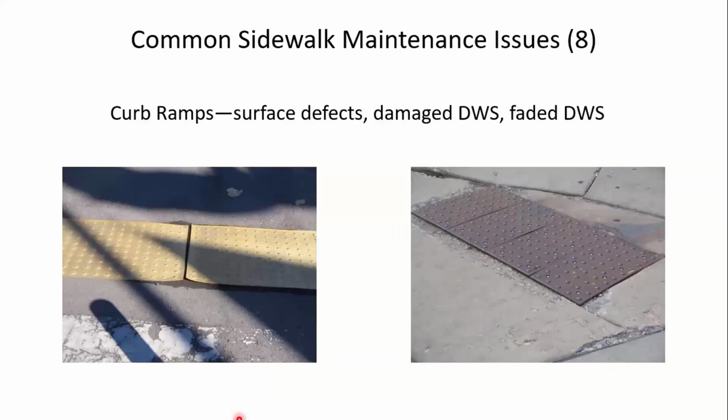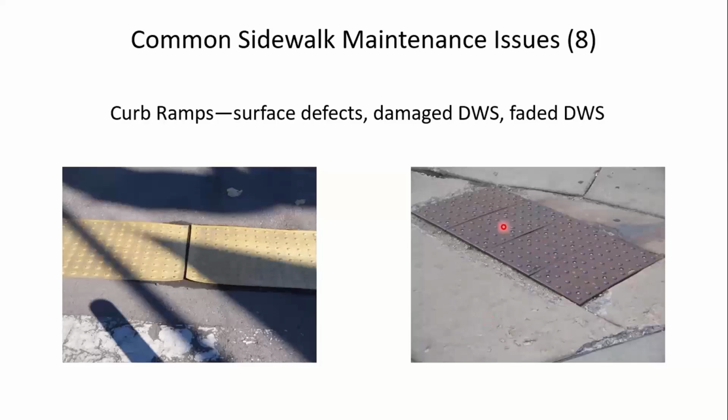I mentioned curb ramps there. They can experience a variety of maintenance issues, surface defects, damaged detectable warning surfaces like you see over here on the left-hand image. Notice the edges are starting to curl up here, creating a potential tripping issue. Also, over time, depending on the product, some of these detectable warning surfaces may fade and lose the color contrast that they need with the background.